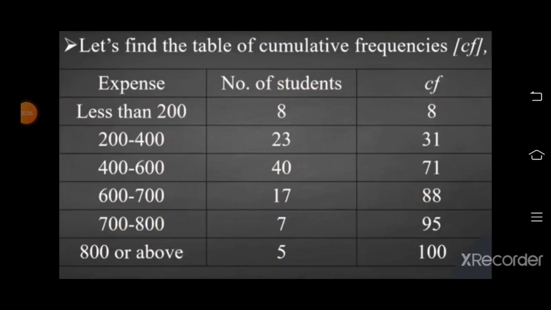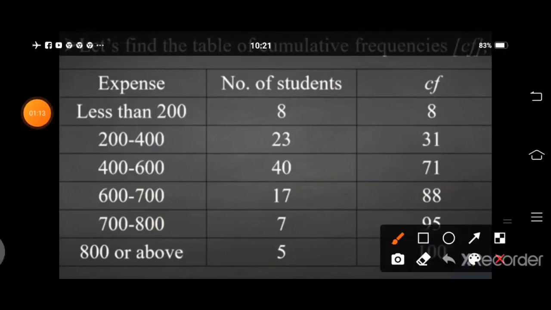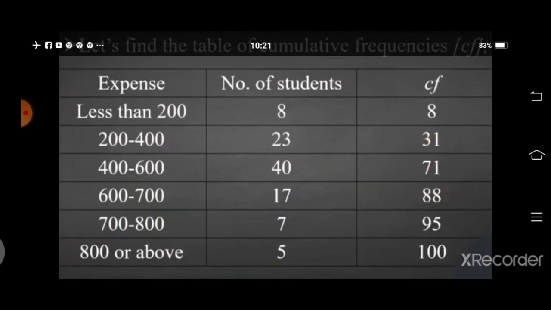Now we obtain the cumulative frequency distribution for the given frequency distribution. First we write down expenses, then frequency, then find out cumulative frequency. 8 plus 23 equal to 31, then plus 40, 71, plus 17, 88, plus 7, 95, plus 5, 100.